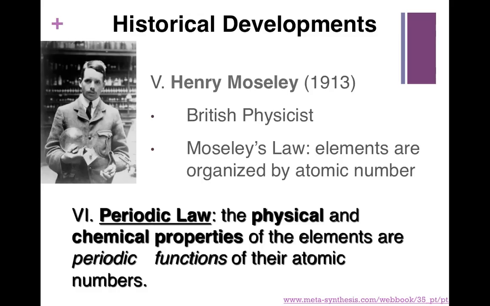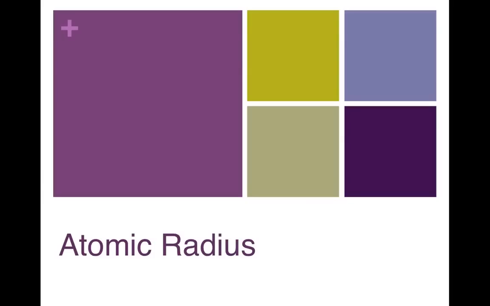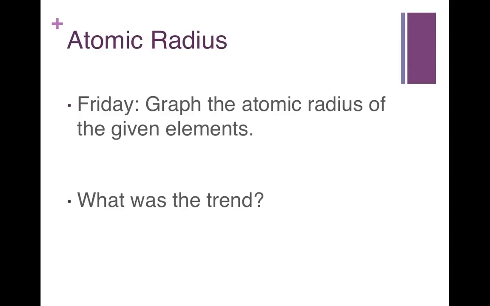And so that means that the properties of the elements depend on their atomic number, and they occur in a pattern over and over. So the first pattern that we're going to look at is atomic radius. Okay, so on Friday, you were given some data and you were asked to graph the atomic radius for given elements.